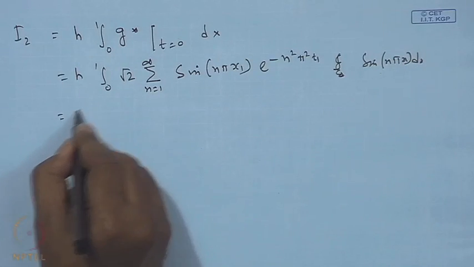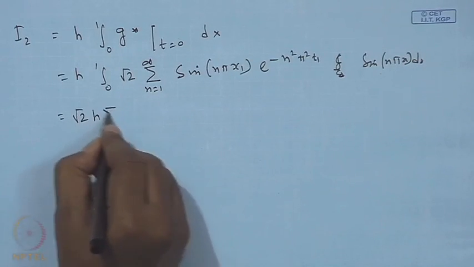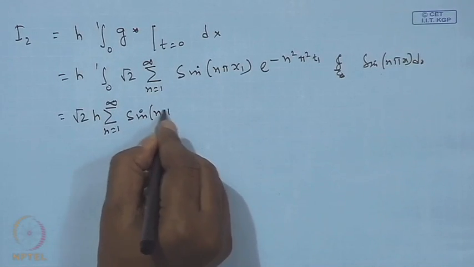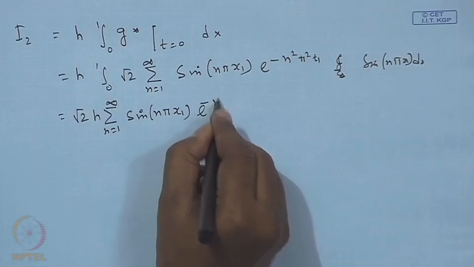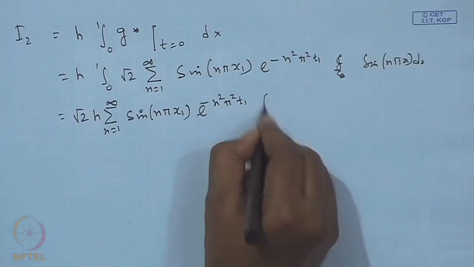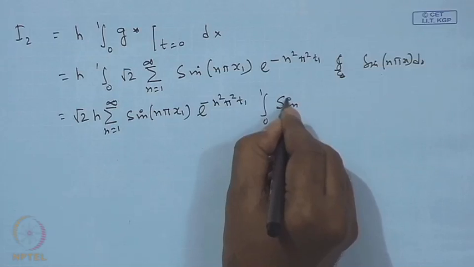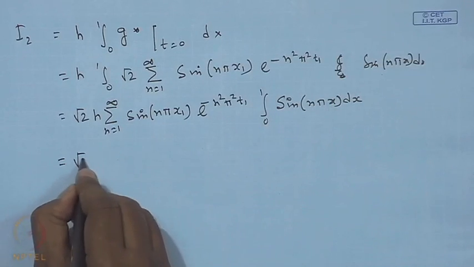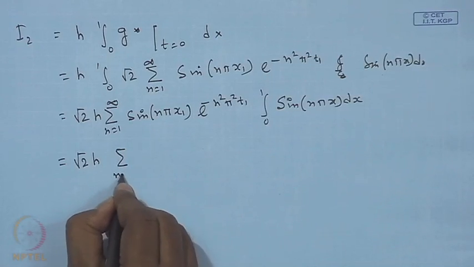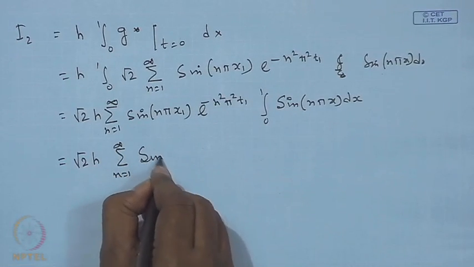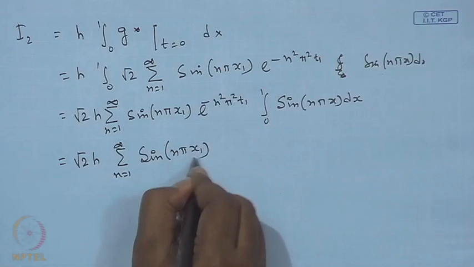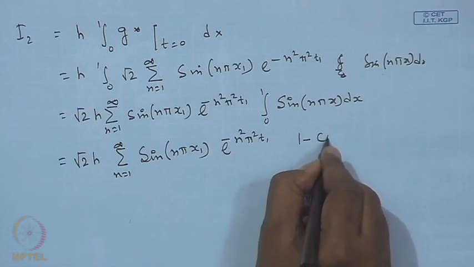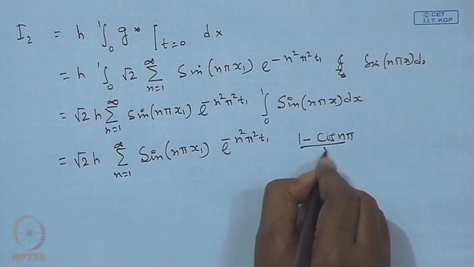So, this will be nothing but root over 2 h summation n equal to 1 to infinity sin n pi x1 e to the power minus n square pi square t1 integral 0 to 1 sin n pi x dx, which is root over 2 h summation n equal to 1 to infinity sin n pi x1 e to the power minus n square pi square t1 times 1 minus cosine n pi divided by n pi.